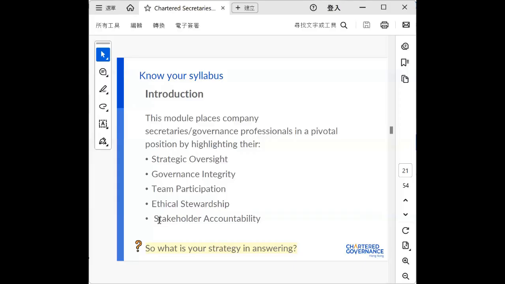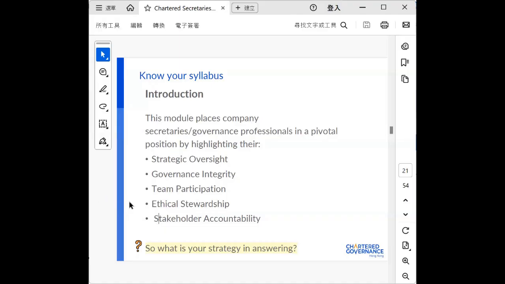So this module is not just about business strategy, it's a bridge between the strategy and responsible governance. It equips you so that you can lead with conscience and not just competence. It's not just that you know how to do the thing, but you need to be a leader with ethical values.